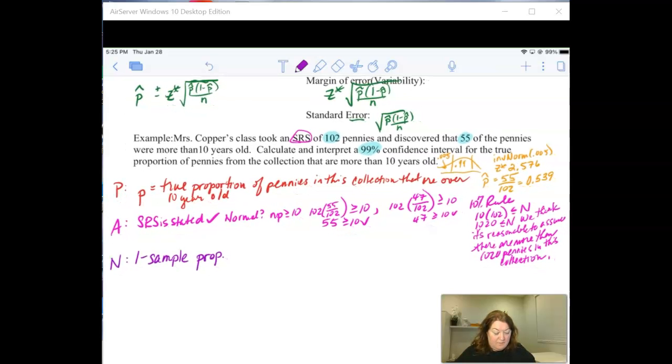And then I'm going to say what my important letter is, because eventually we're going to be using stuff other than Z. So I'm going to say that this is a Z interval. We're going to be doing intervals and tests. Tests come in chapter 9. So we want to make sure they know this is a confidence interval. Okay, so that all goes into the name: how many samples, whether it's proportions or means, and then whether it's a Z interval or another letter that we'll learn in the next chapter.